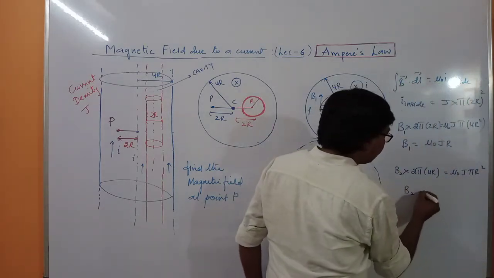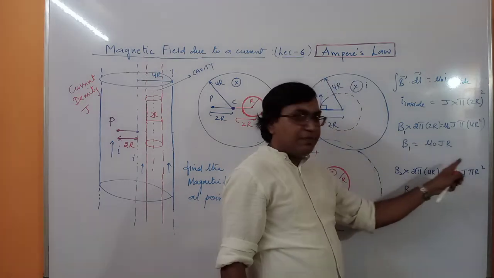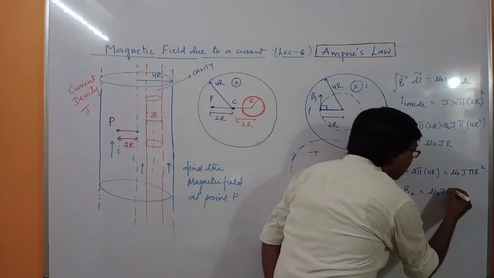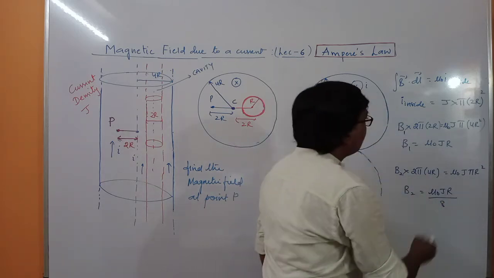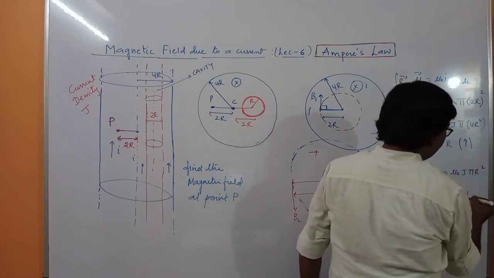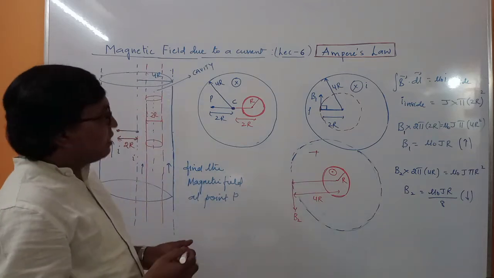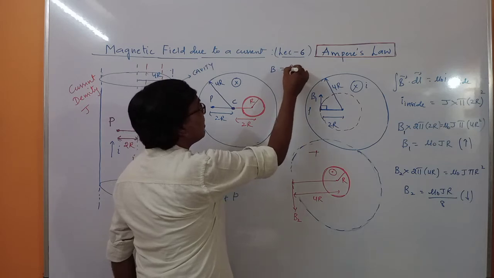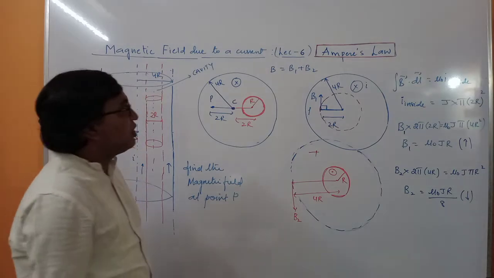Now B2 into pi r square, here we have 8 pi r. So pi r and pi r square will cancel. So r will remain here. So B2 is mu naught j r divided by 8. So this field is in the upward direction. This field is in the downward direction. Now when you superimpose, we will add both the fields. So net field B comes out to be B1 plus B2. I am taking the direction of B1 as positive.